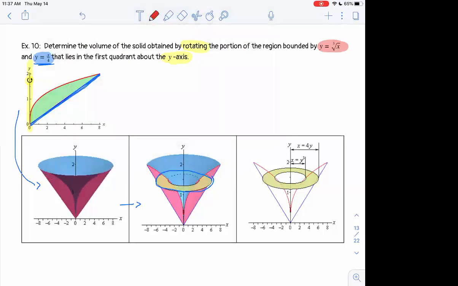The inner radius is this one, and that inner radius is red because it corresponds to this part of the graph, and it matches y equals the cube root of x. All right, so take a moment and try and convince your brain that you see this washer right here.